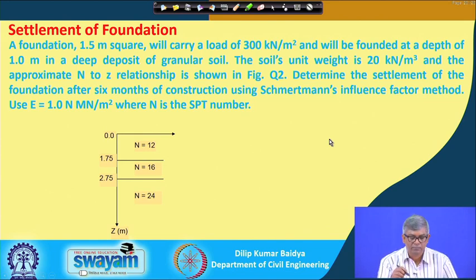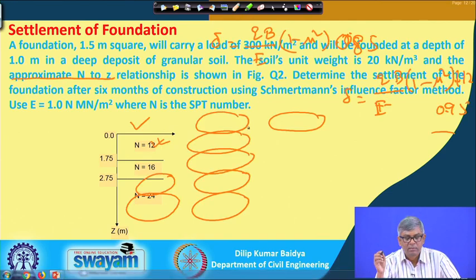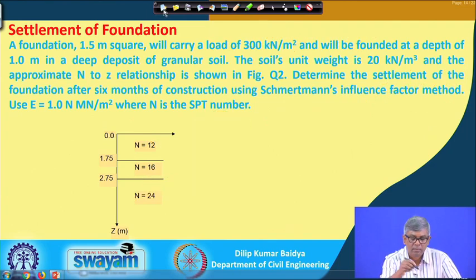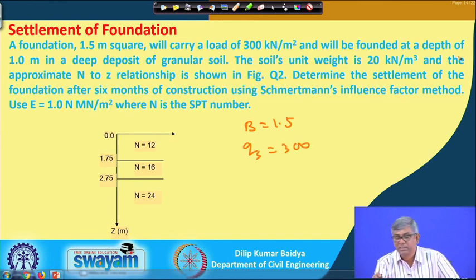So, this is the problem, actually you can see now. It has a foundation 1.5 meter square, that means a square foundation will carry a load of 300 kilonewton per meter square. So, that means square footing B becomes 1.5 and your q s becomes 300, and will be founded at a depth of 1 meter.